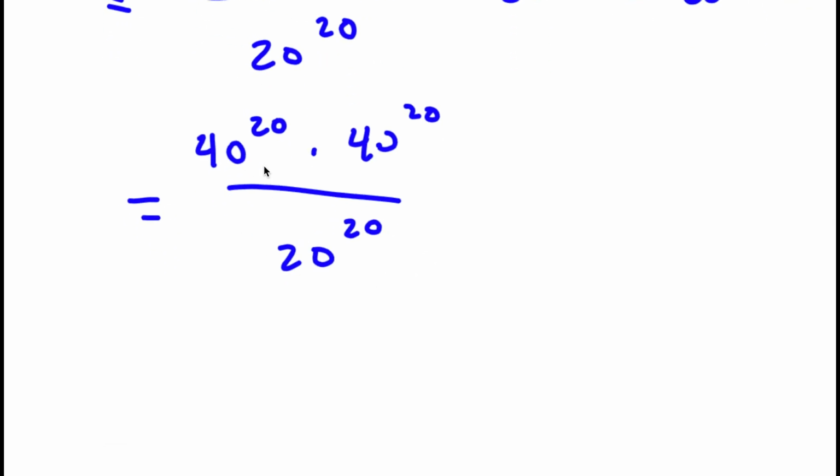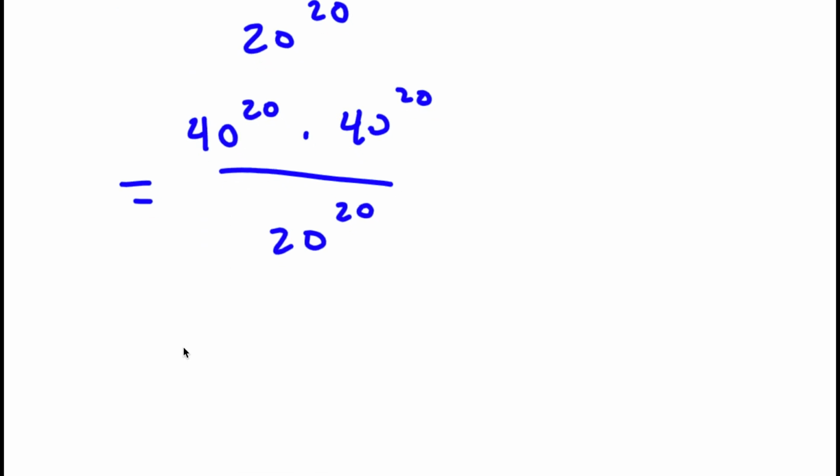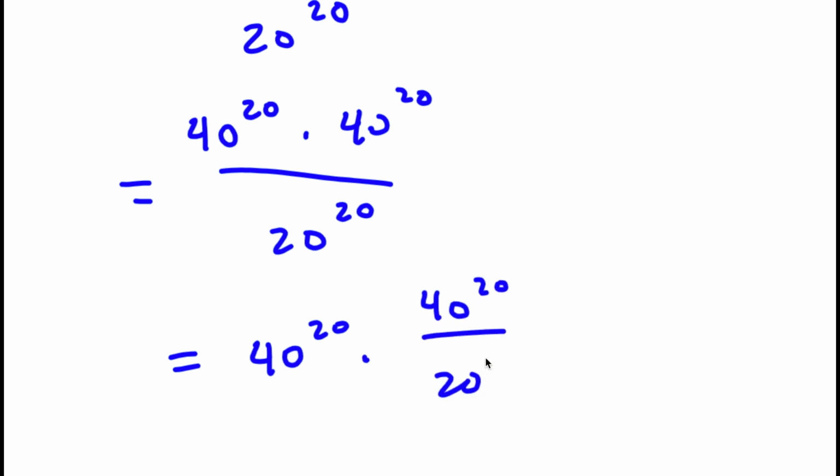Now, I can actually take one of these 40 to the power of 20s outside of this fraction, so I can rewrite this as 40 to the power of 20 times 40 to the power of 20 over 20 to the power of 20.